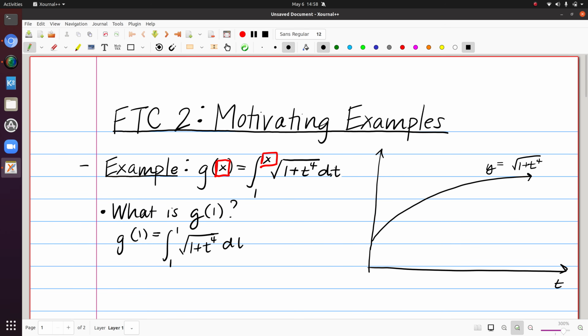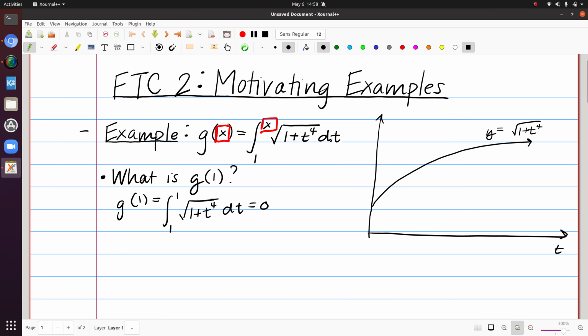And we have a property that tells us that that's 0 because we're evaluating this integral from a constant to itself. Importantly, that didn't involve actually having to think about anti-differentiating or anything like that.